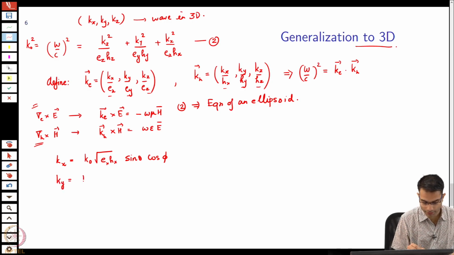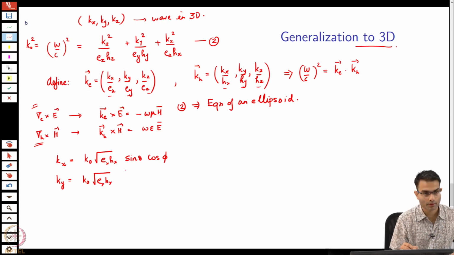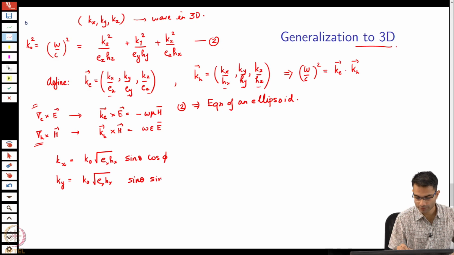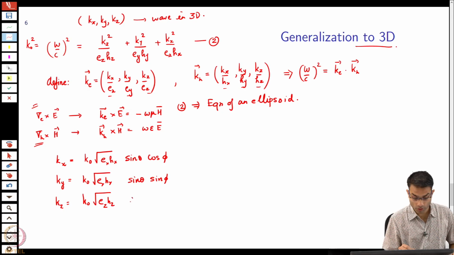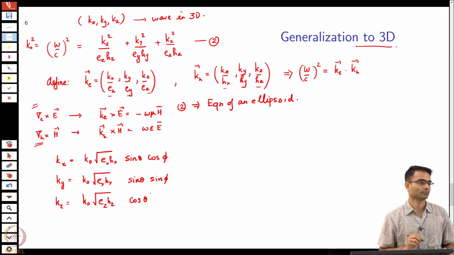Similarly, Ky I can write as K naught square root of Ey Hy, and what should this be? Sin theta sin phi. Now that you have got the hang of it, Kz should be K naught square root of Ez Hz. What should I write here? Cos theta.